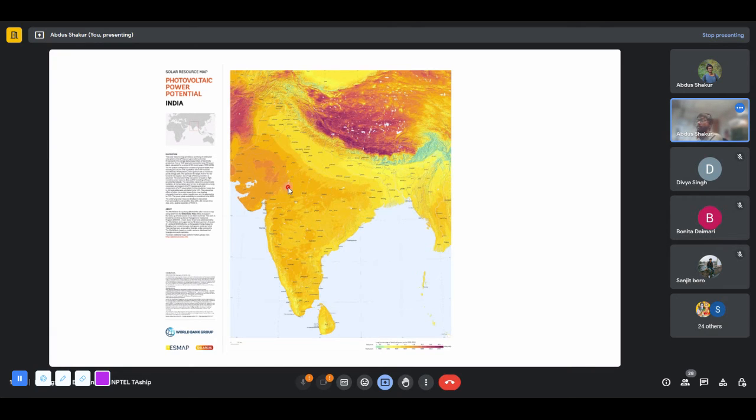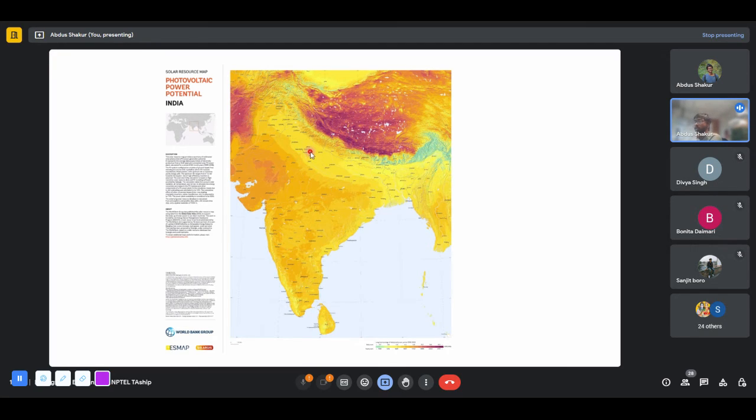But if you look at states like Gujarat and Rajasthan, there is a higher potential to generate a lot of electricity. And this is way higher if you look at the trans-Himalayan region and the Tibetan plateau.